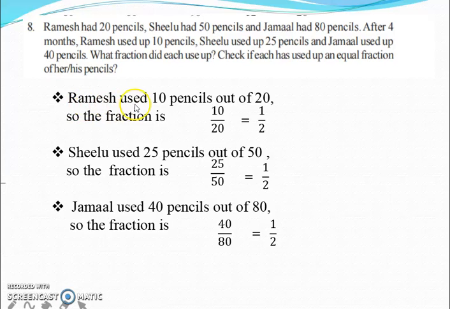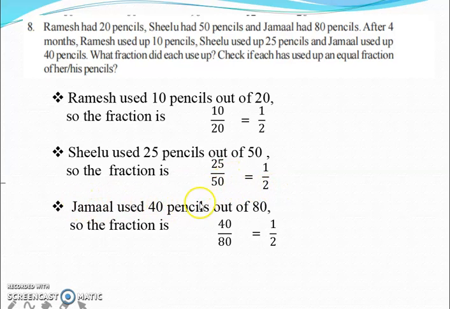So look here, Ramesh used 10 pencils out of 20. So how to write the fraction? 10 upon 20. We can reduce this, so 1 by 2. Next, Shilu used 25 pencils out of 50. So 25 upon 50, 1 upon 2. Okay, we can reduce this. 2 twenty-fives are 50.